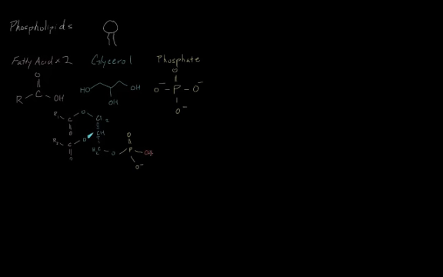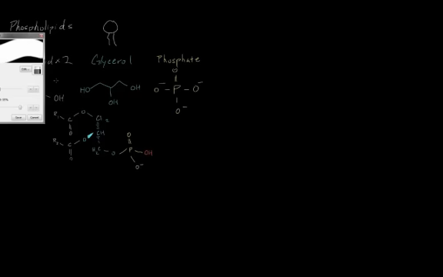A phospholipid molecule that looks like this is actually pretty rare in our cell membrane. The reason why is because this molecule could bond with several different molecules, giving a really diverse set of phospholipids. Again, for the sake of time, I've pre-drawn these molecules.